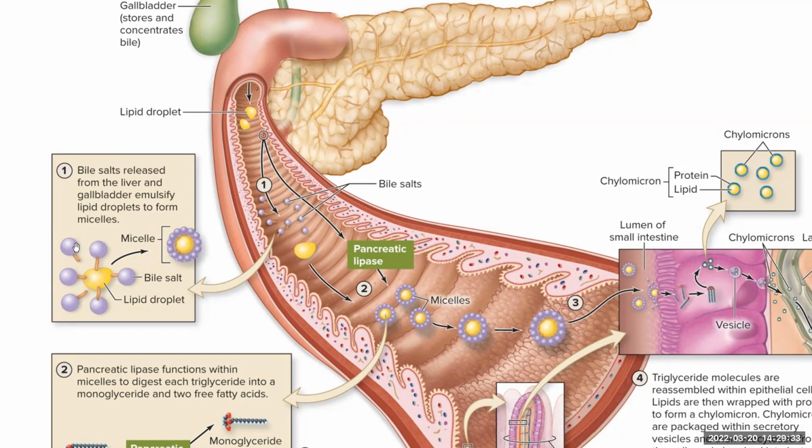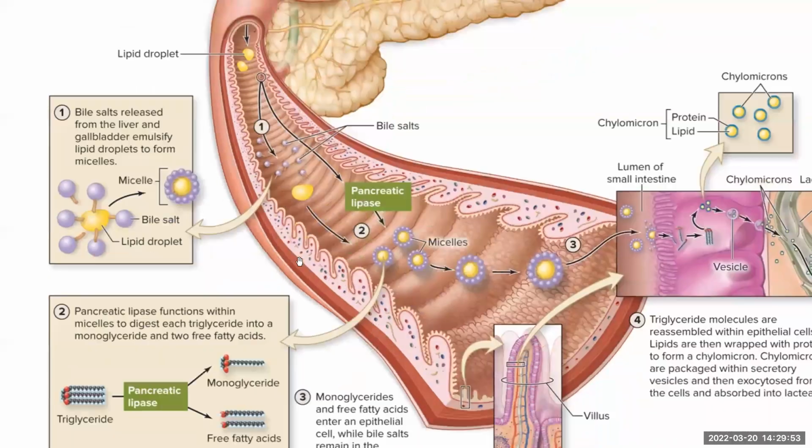So these bile salts here are that amphipathic molecule. You've got your polar head, nonpolar tail. The tails face in and attach themselves onto the lipid droplet, where the head is on the outside. And so it forms this micelle, this structure right here.